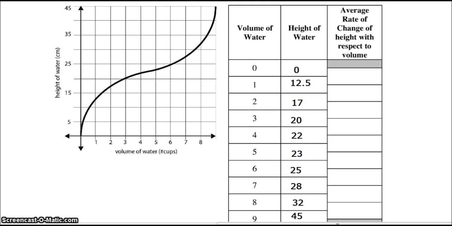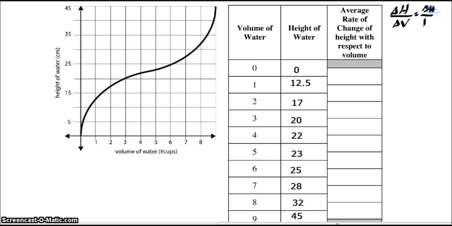Now we want the average rate of change of height with respect to volume. The average rate of change is simply the change in the output, or change in height, over the change in input, change in volume. Notice that each one of these volume increases is 1, so this is always 1.